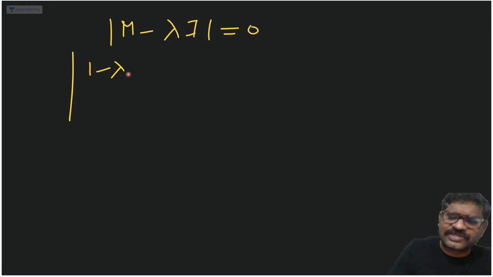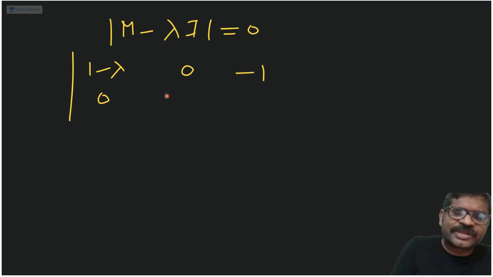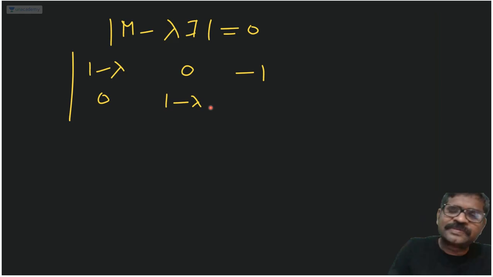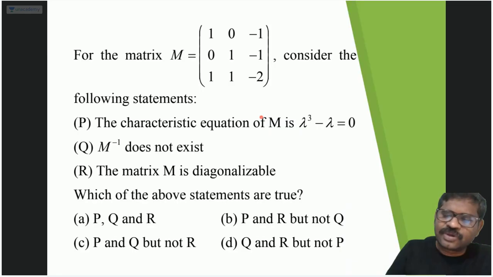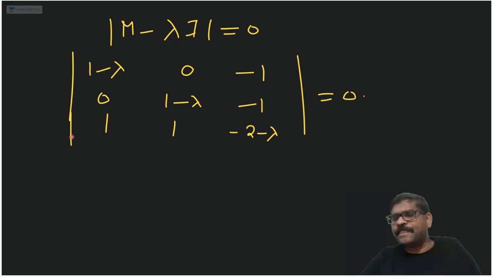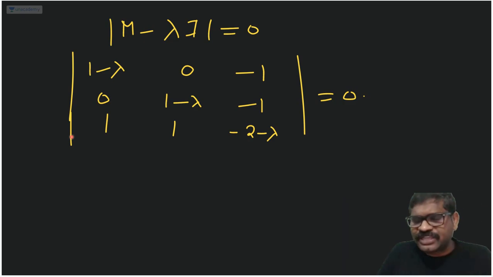1 minus lambda, 0, minus 1; 0, 1 minus lambda, minus 1; 1, 1, minus 2 minus lambda; equal to 0. Okay. Now, if the sum of each and every row is the same, you will get only one eigenvalue.